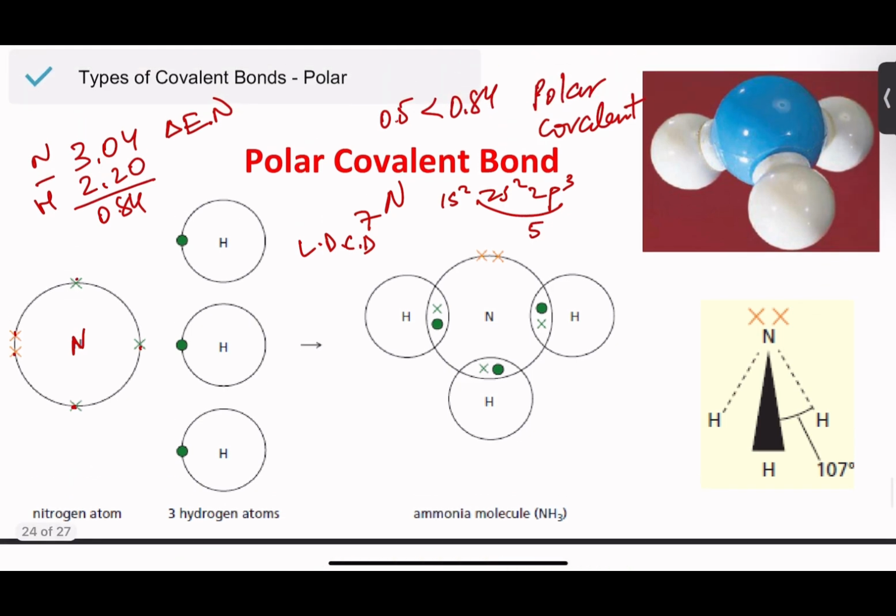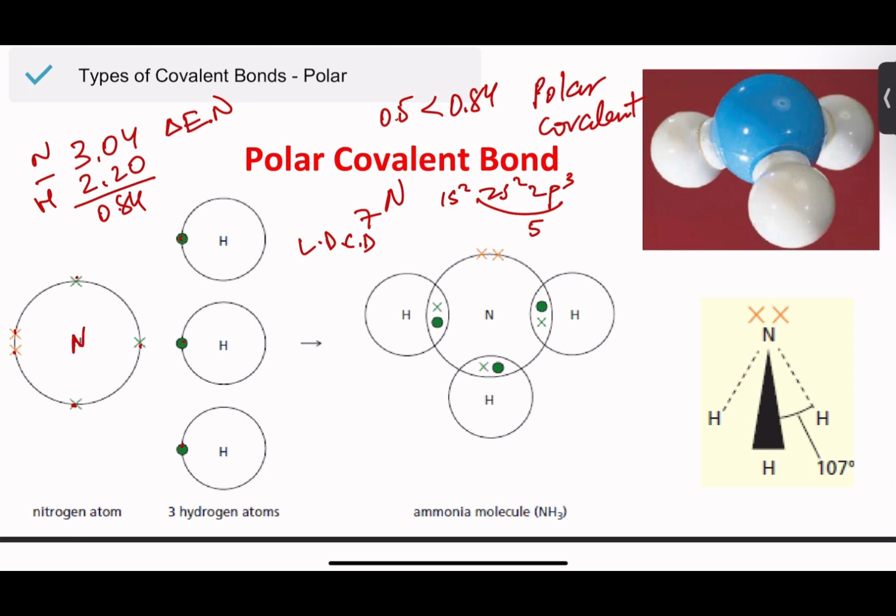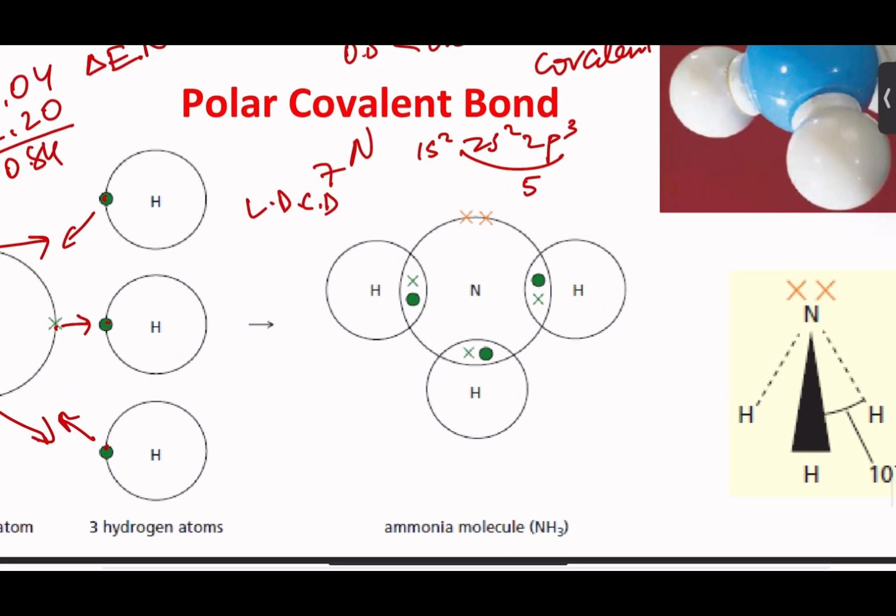And then hydrogen has 1 electron, so we put 1, and they each share an electron. This is how it looks. These are shared electrons. Hydrogen got stability because it needed 2 electrons. Nitrogen, let's count it: 1, 2, 3, 4, 5, 6, 7, 8. So 8, octet rule achieved.